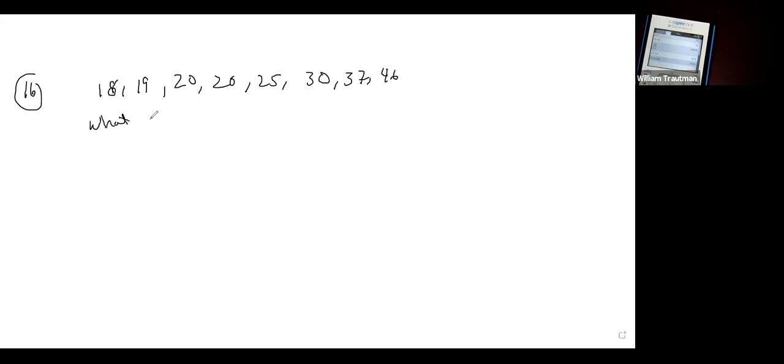What percentile is the number 25? Oh, percentiles. I might have to open up my folder for that. What percentile is the number 25?